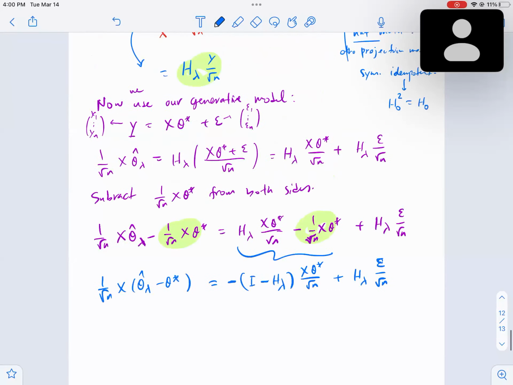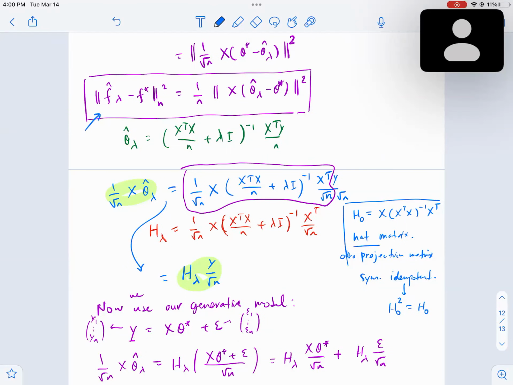Now I'm going to use this result, the double star.